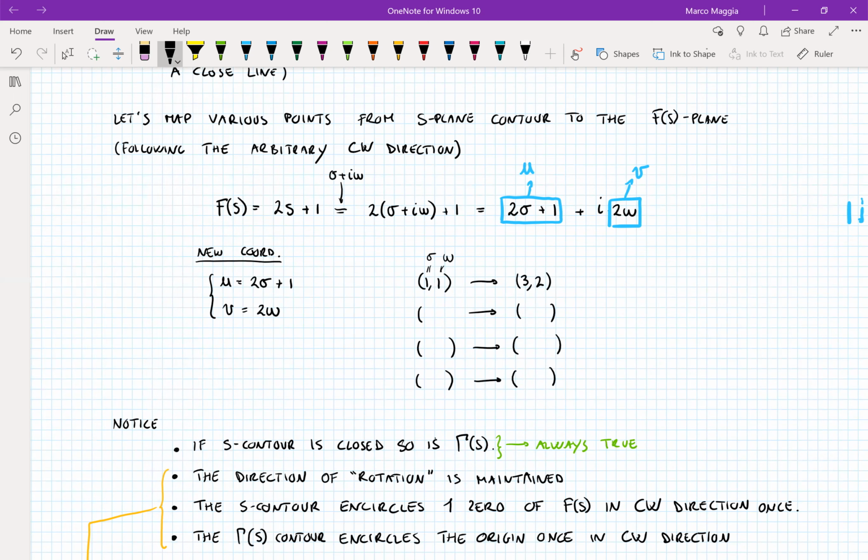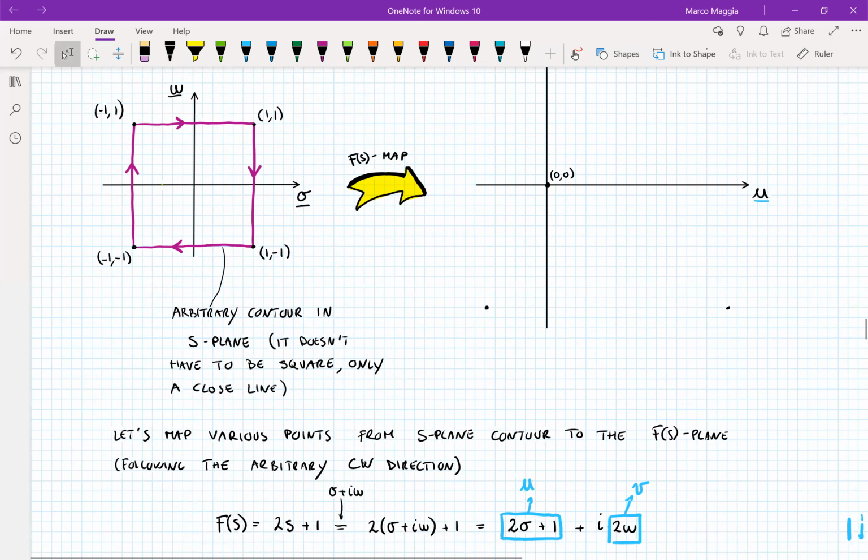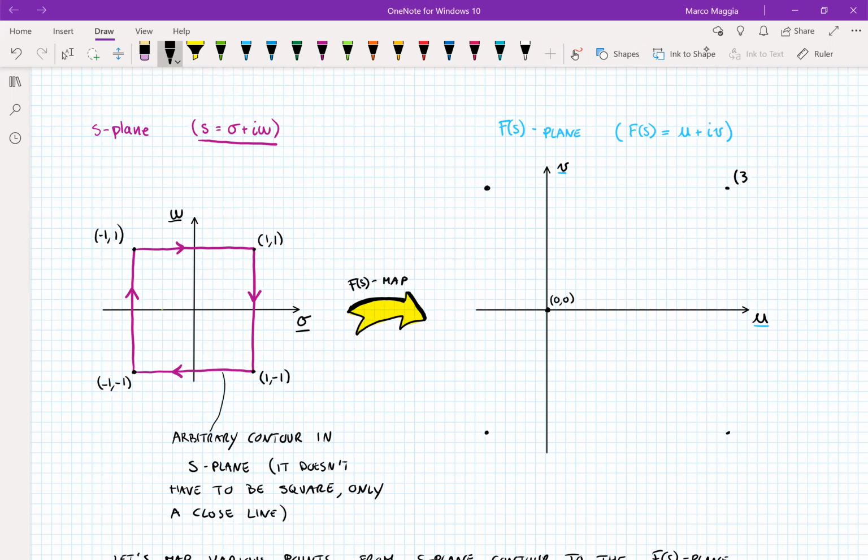So (1, 1) is mapped into (3, 2). So this point here is mapped into this. Now let's follow the contour in the S plane clockwise until we hit another vertex.